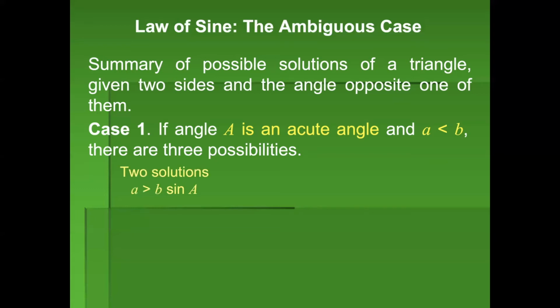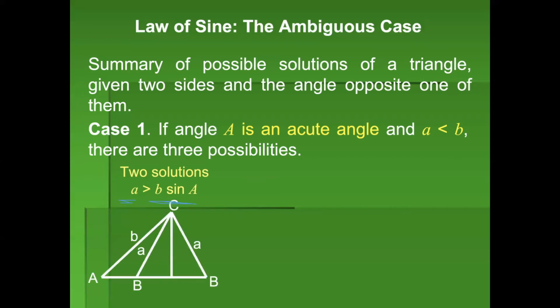In the first possibility, there are two solutions. In order to verify that there are two solutions, we need to solve first for b sine A, wherein b is the other side given and A is the given angle. And then we compare it to the other side. If the side opposite the given angle is greater than the value of b sine A, then there are two possible solutions.